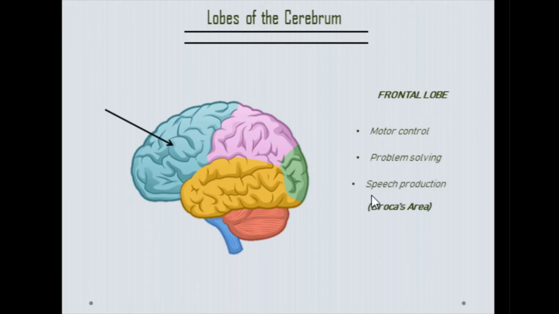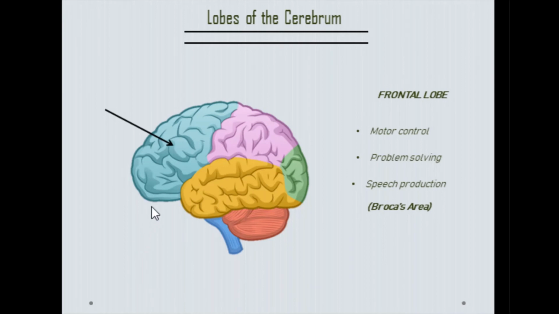Last, you can also have speech production. You can talk because in the frontal lobe you can see the Broca's area. Broca's area. So in here, we specified 3 functions of the frontal lobe: motor control, problem solving, and speech production.